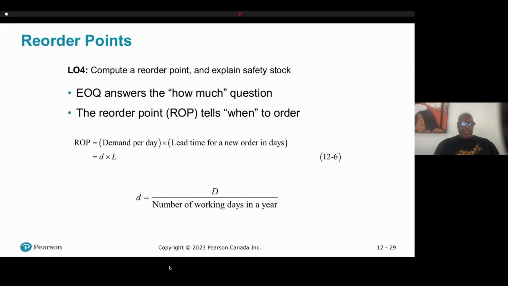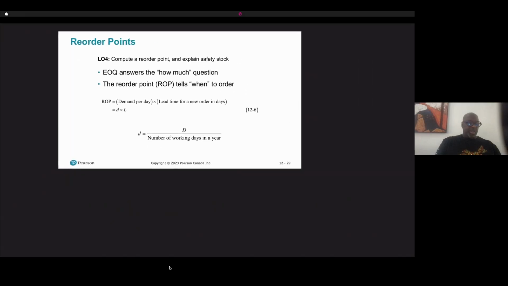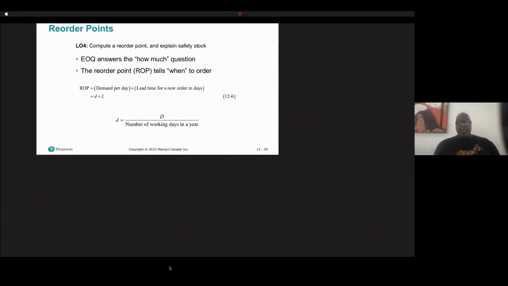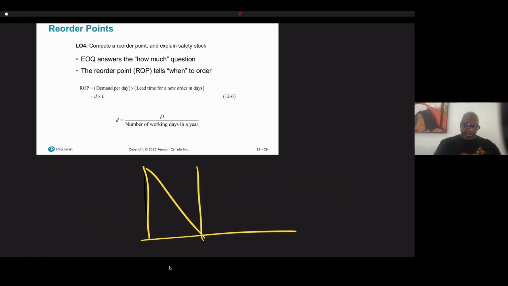All right, now the question of when we actually place the order, the reorder point, is essentially just the inventory level at which we're able to place the order and receive it just in time before we run out of stock. So if this is our inventory cycle, and remember everything is constant, it's known.